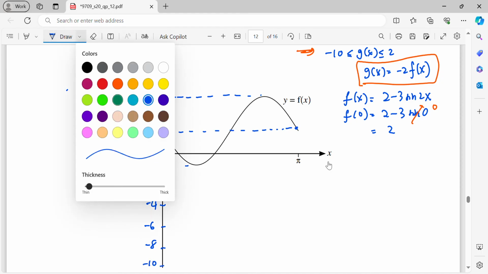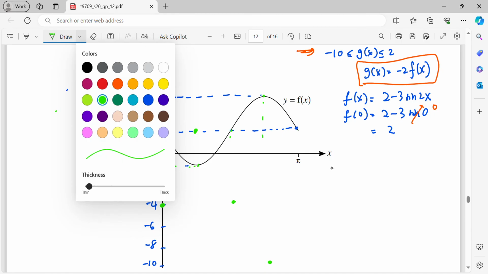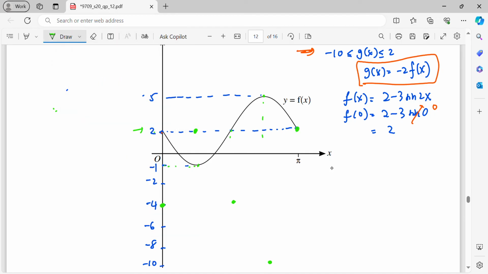That means now I will be getting this from 2 changing to minus 4. This is minus 1, so minus 1 times minus 2 becomes 2. This point is at 2, so it becomes minus 4. So the maximum point from 5 will be minus 10, roughly here. It's just a reflection basically. And then this point, at first 2, now becomes minus 4. So now you just join, touching the same points.